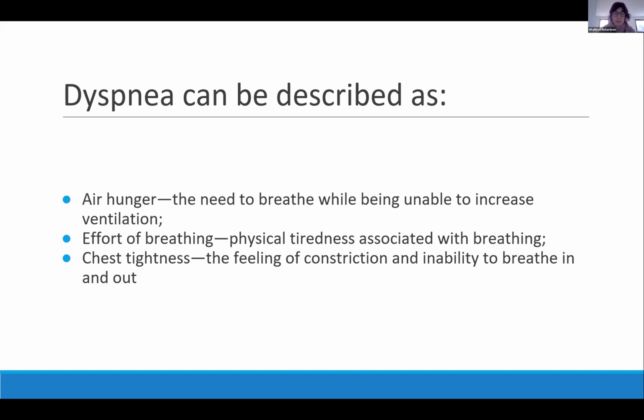And others may describe it as a tightness in the chest, so they feel constricted and unable to get the air in that they need. So these may be some of the descriptions you've heard from patients, and they may be different ways of telling you that this is the symptom of breathlessness that they're experiencing.